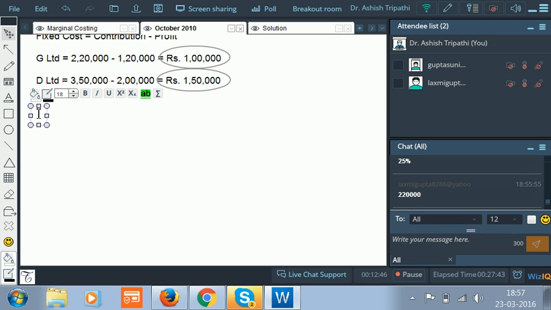Okay, break even point का formula is fixed cost upon PV ratio. So let us try to calculate the third part. We'll have to give the heading as break even point of both companies.